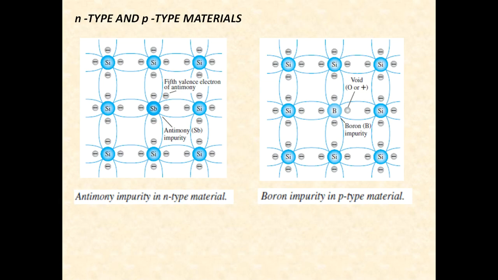Now, something about n-type and p-type materials. Before we go and try to understand what is n-type and what is p-type, let us consider the general case of an intrinsic semiconductor. Let's consider that silicon is being manufactured and is in its purest form.